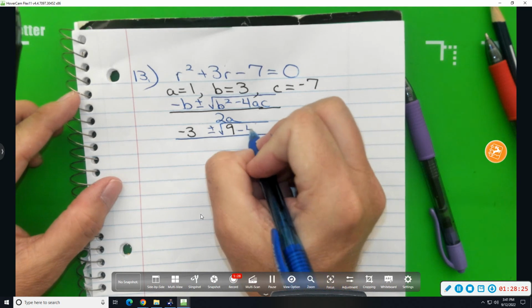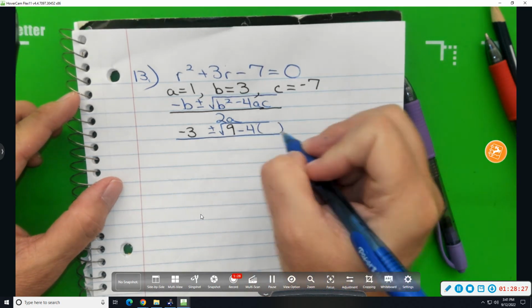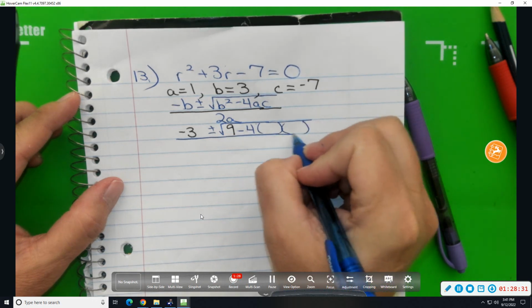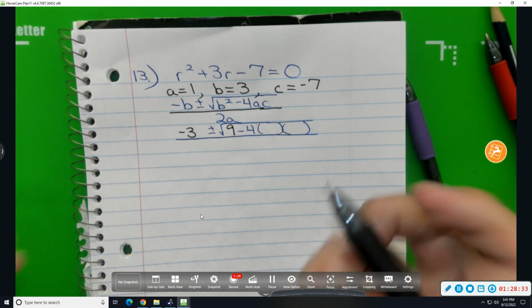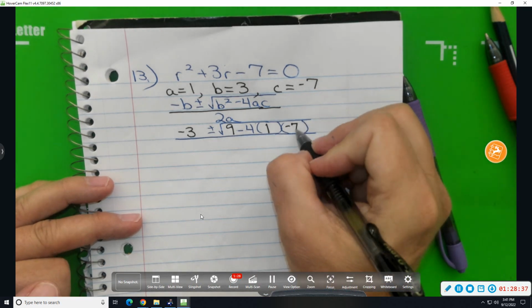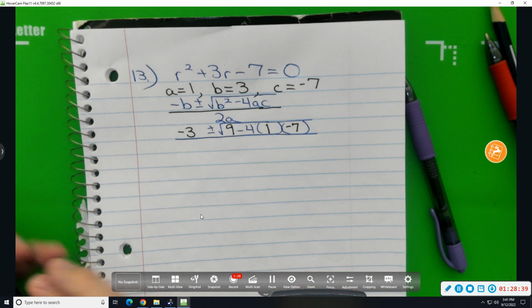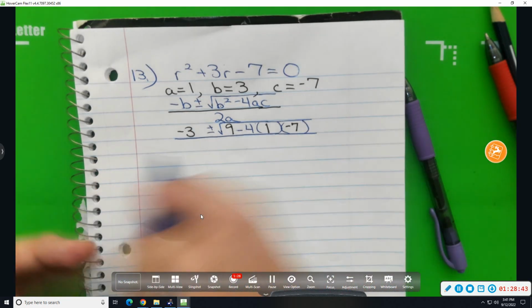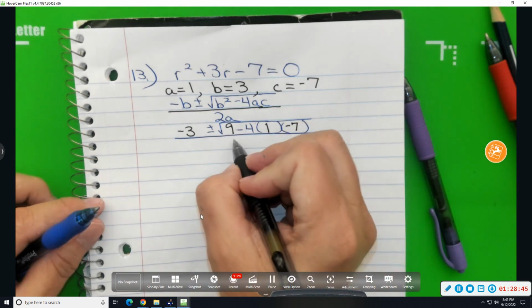Minus 4 times A times C. A is a 1 and C is -7, all over 2 times A. 2 times 1 is 2, okay, we have a denominator of 2.